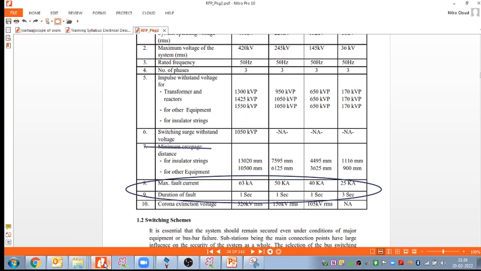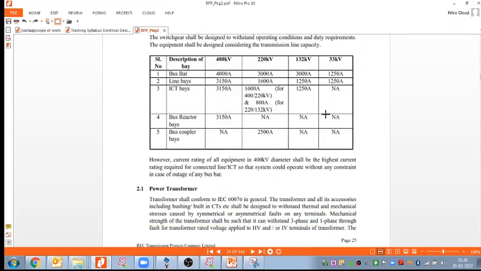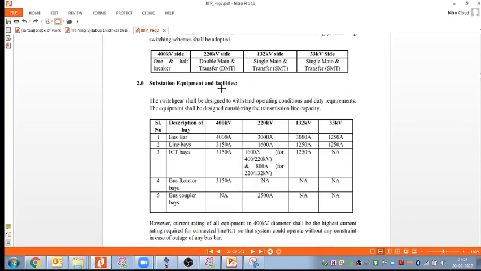Normal current is also given in this tender. You can see here, equipment and facility: the switchgear shall be designed to withstand operating conditions and duty requirements. The equipment shall be designed considering the transmission line capacity: bus bar 4000, line 3150 ampere, 220 kV 3000, 1600. So ampere rating is also given.